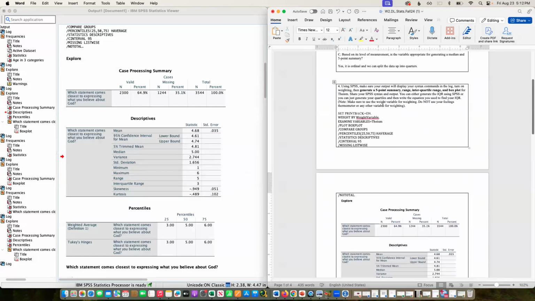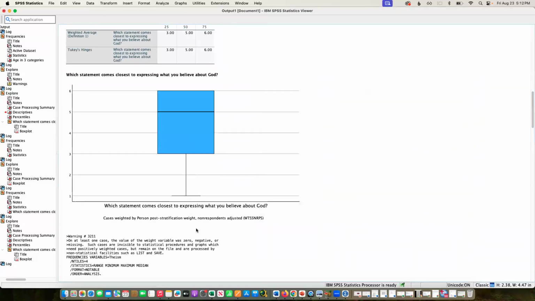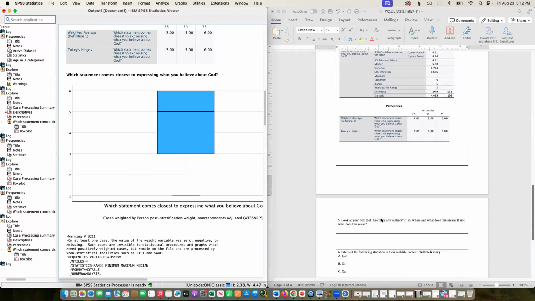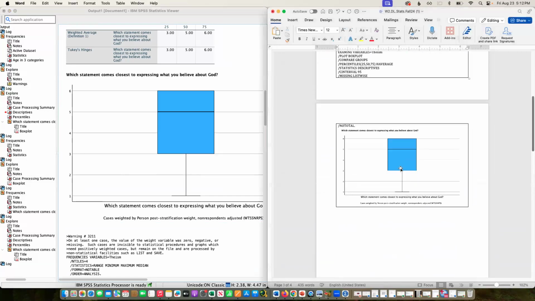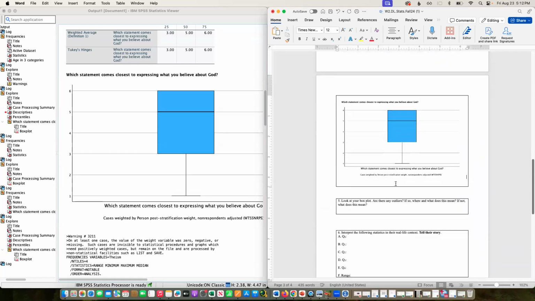And then, did it say to do a box plot yet? Yeah, it did. Okay, so let's grab my box plot too. Where'd box plot go? Right there. Okay.